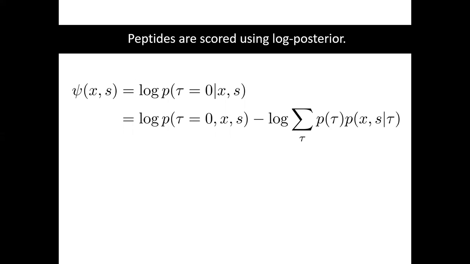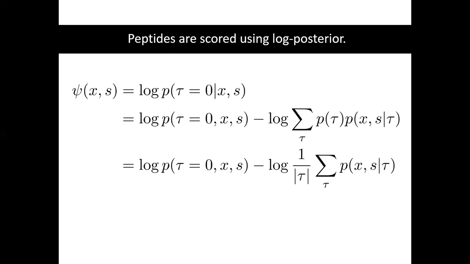The prior on the taus is actually uniform, so this second term decomposes further, and it looks like the following. This looks like an equation which we've seen earlier in the talk. Basically, DIDEA's log posterior scoring function consists of a foreground score, which is meant to measure the similarity between the theoretical spectrum and the observed spectrum, minus a background score, which is meant to penalize overfitting of shifted versions of the theoretical spectrum.